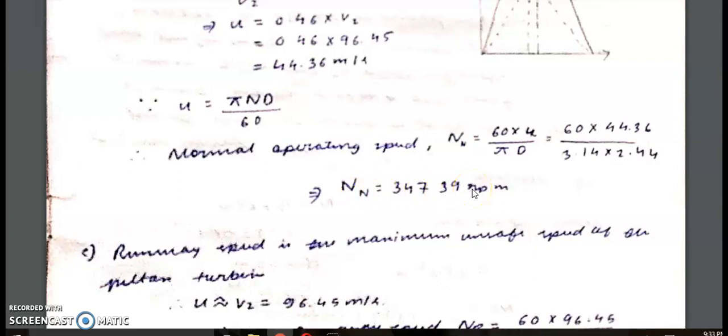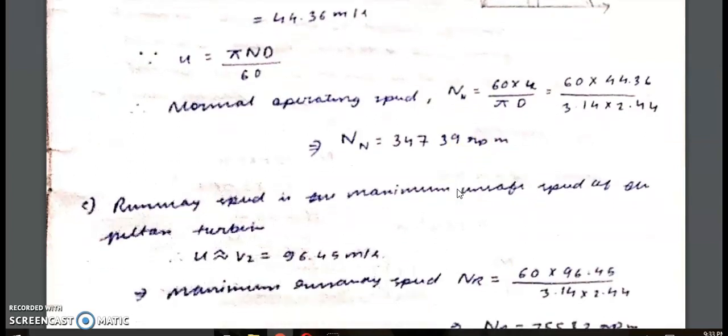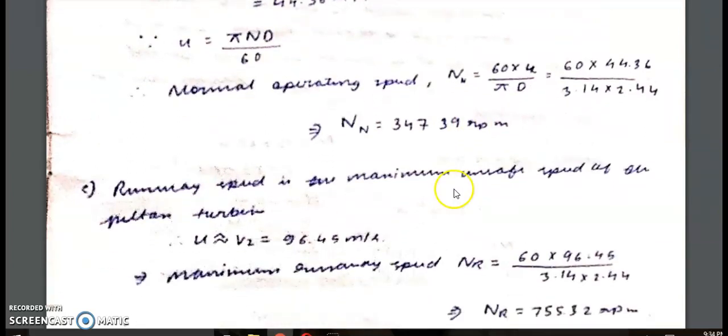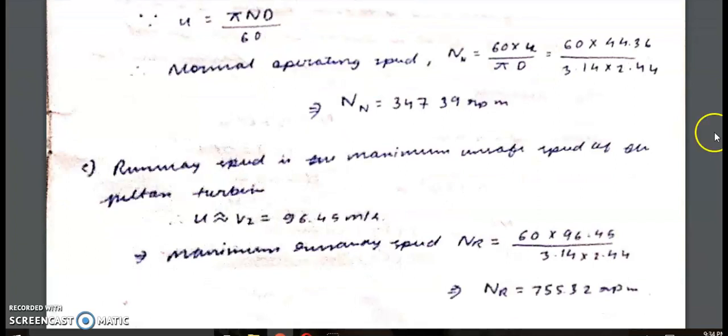347.39 rpm. And again then we go on to calculate the runaway speed, the maximum unsafe speed of the turbine. After this maximum speed, the turbine may break down.